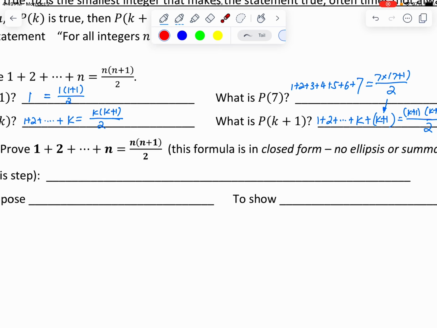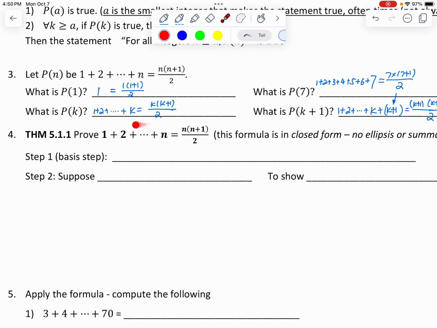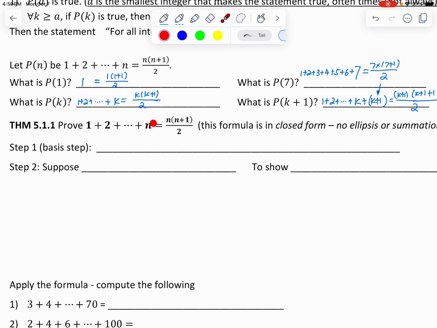All right. So now after we make sense of what P of n represents, let's try to prove this statement. This is a well-known formula, telling us the sum of the first n positive integers is equal to this result. And this formula is in the closed form, because there's no ellipsis or summation notation.